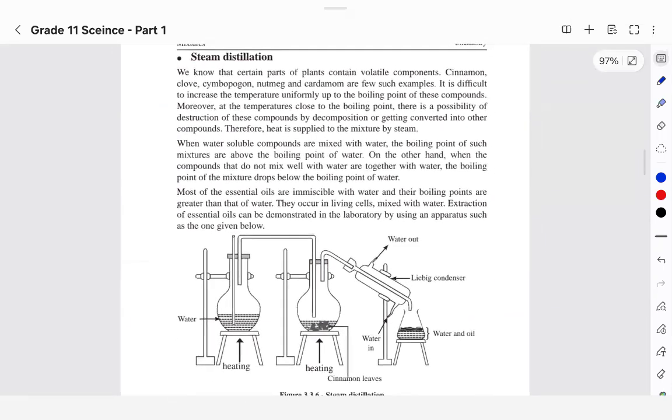So this is the steam distillation method. Okay. Can you remember the setup that they have given in your textbook?